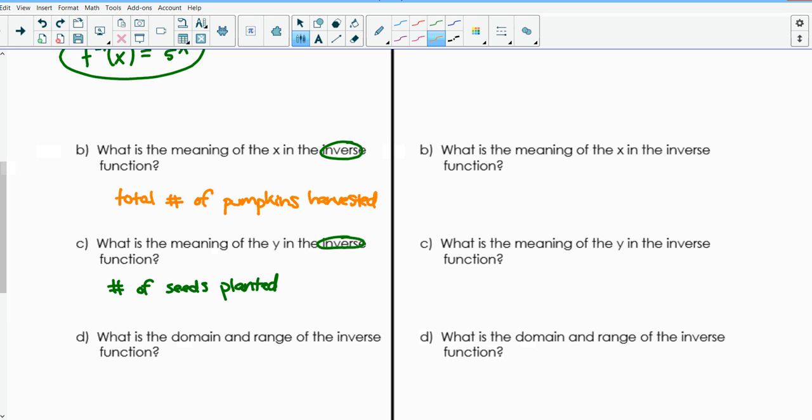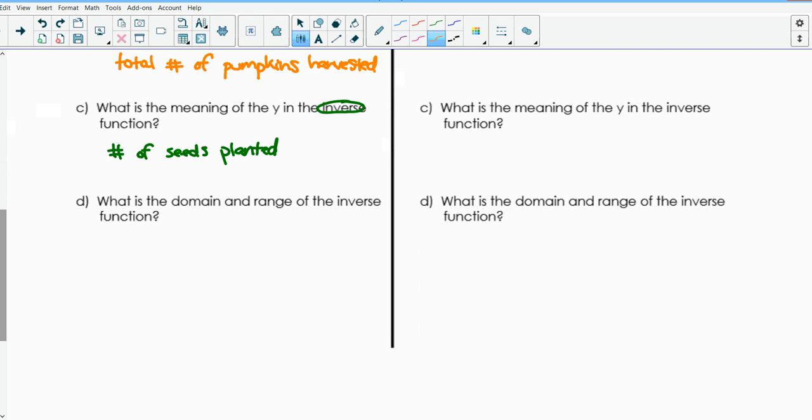Okay. What is the domain and range of the inverse function? In order to determine the domain and range of the inverse function, I would always figure out what it is for the original function, and then I can just flip them. So I'm going to say, my domain and my range, and again, I would always do it for the original.